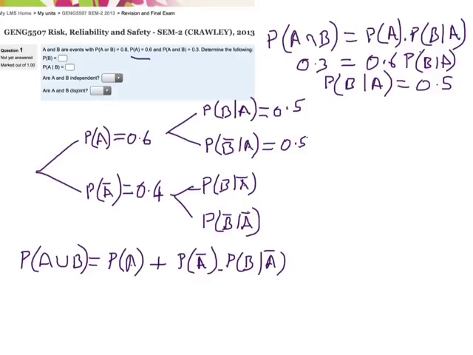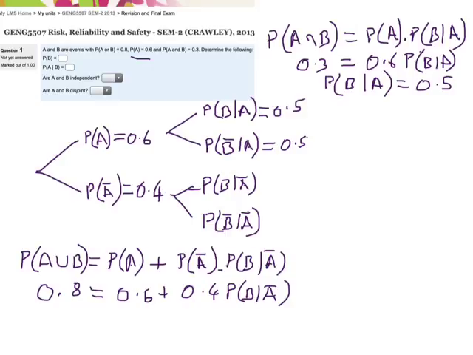So what have we got? 0.8 is equal to 0.6 plus the probability of not A, 0.4, multiplied by the probability of B given not A. Alright, we're almost there. Solve for that.